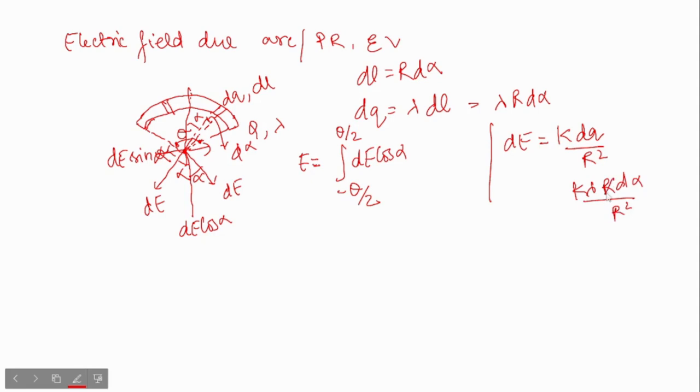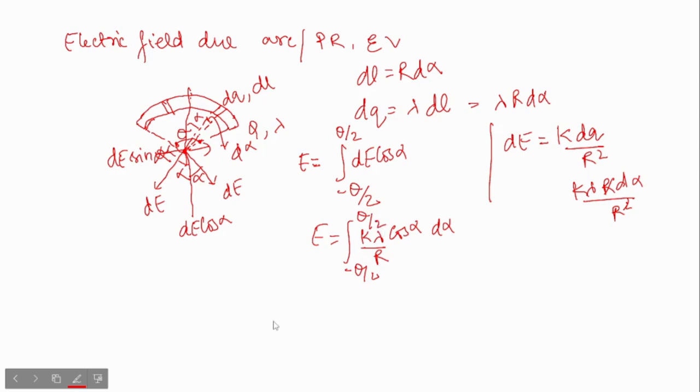One r will cancel out, giving k lambda d alpha by r. Now E will be, putting dE here, k lambda cos alpha d alpha upon r, from minus theta by 2 to plus theta by 2.